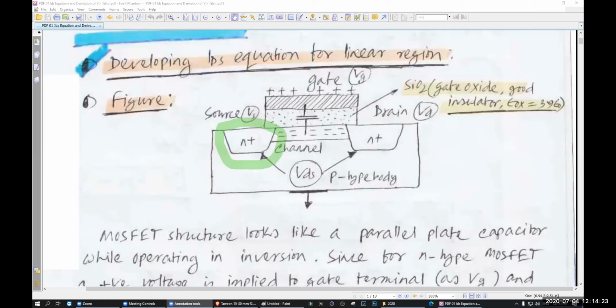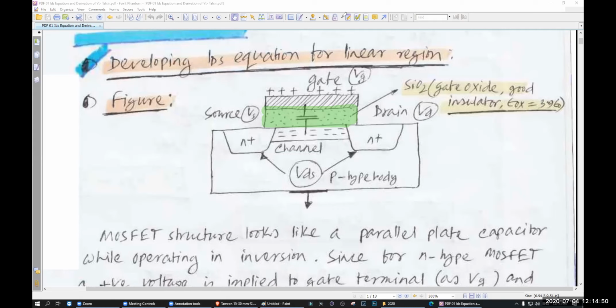And on top of it, you have a silicon dioxide. Silicon dioxide layer. This is called gate oxide. And the epsilon is epsilon oxide, 3.9 epsilon 0. That means epsilon naught.